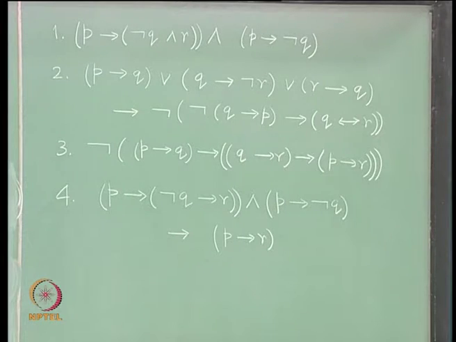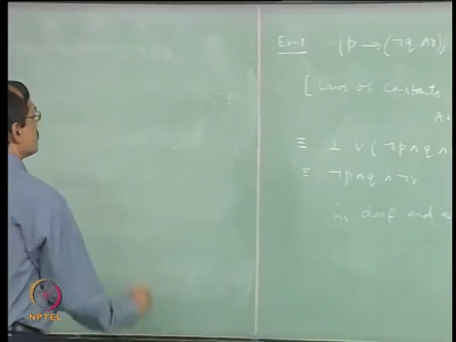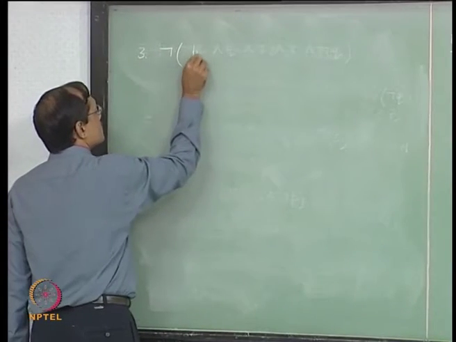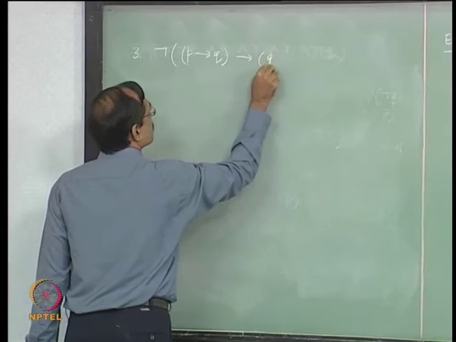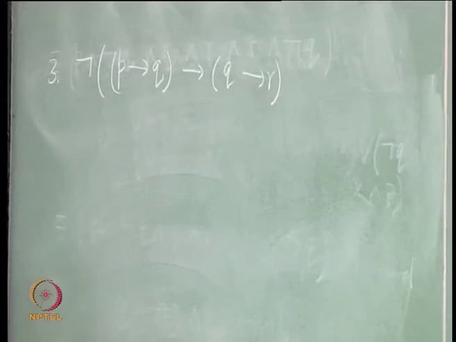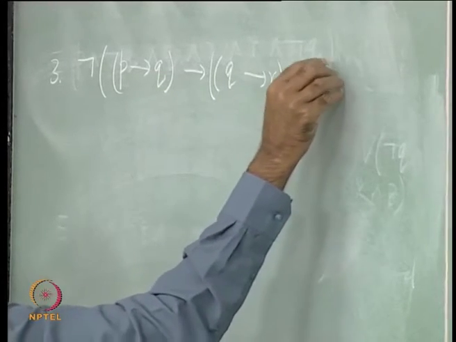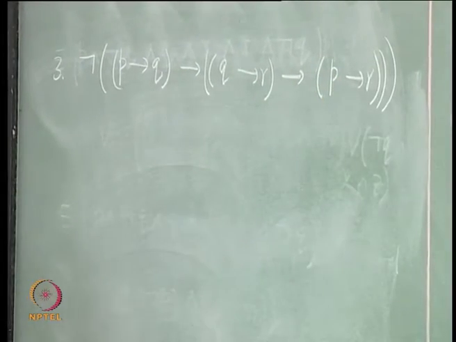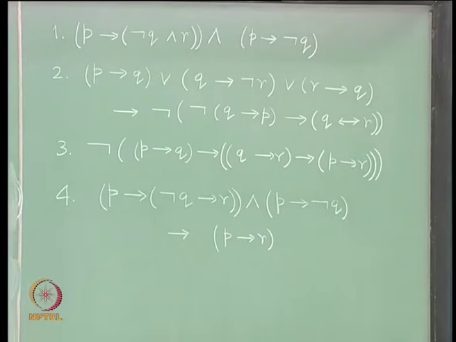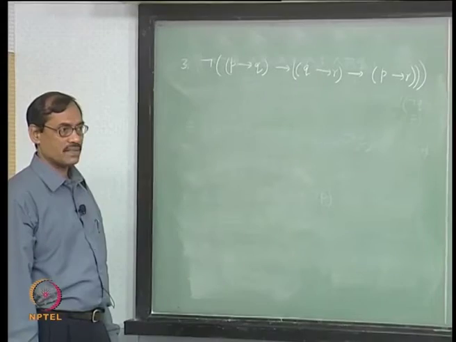So, let us take the problem 3. Now, you want to convert it to DNF or CNF and decide whether this is satisfiable, unsatisfiable or valid.